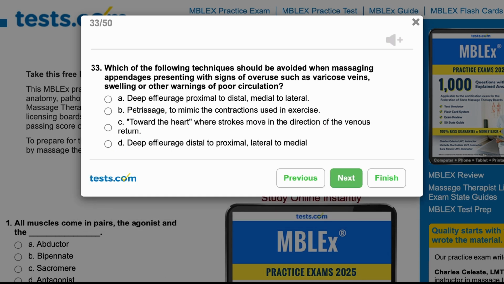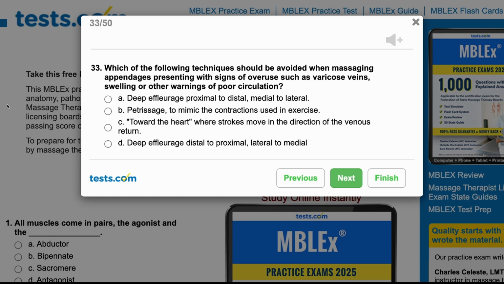Question 33. Which of the following techniques should be avoided when massaging appendages presenting with signs of overuse, such as varicose veins, swelling, or other warnings of poor circulation? A, deep effleurage proximal to distal, medial to lateral. B, petrissage to mimic the contractions used in exercise.